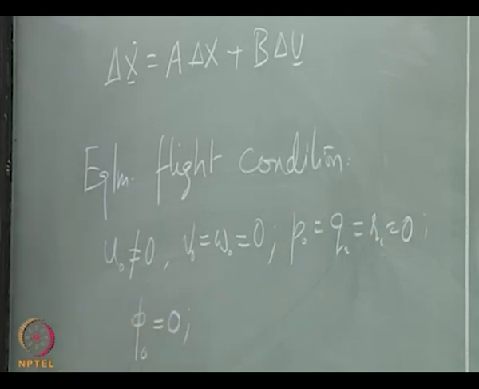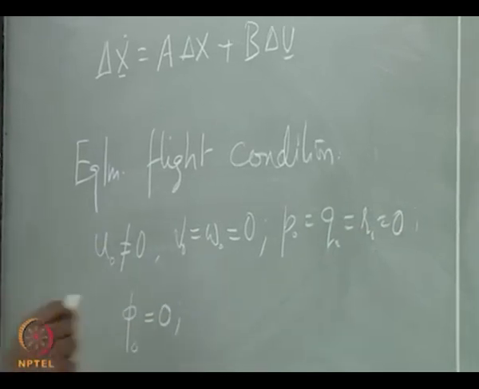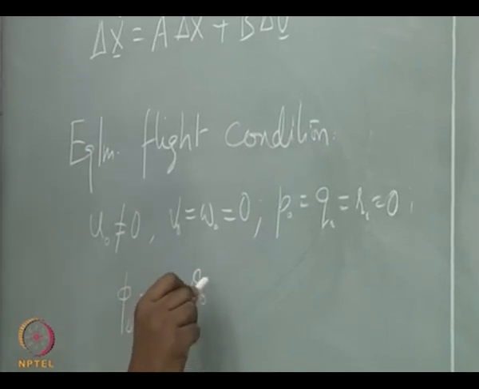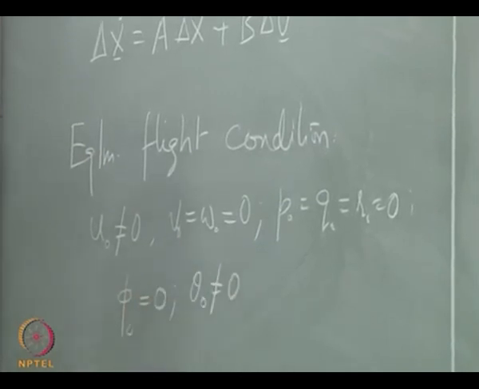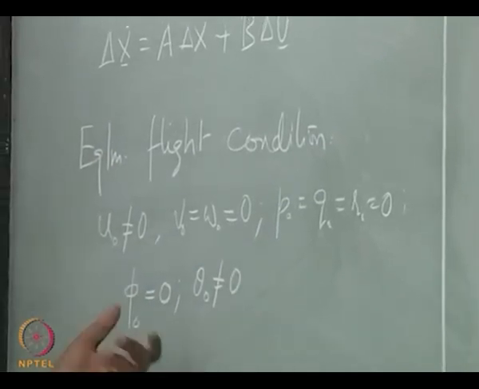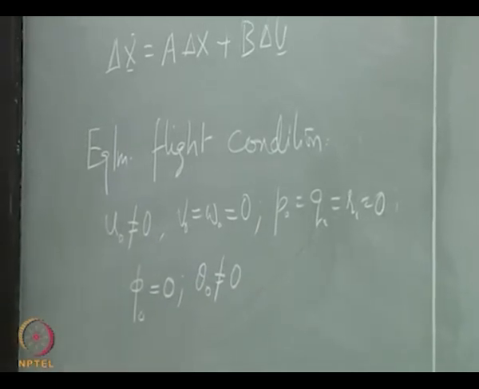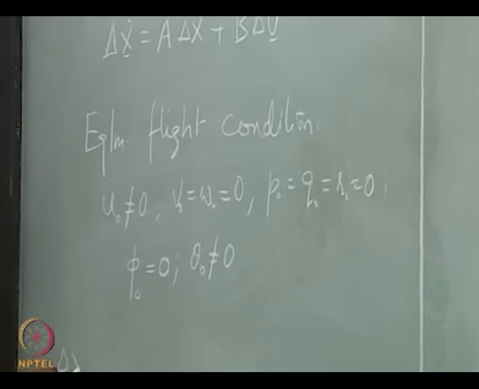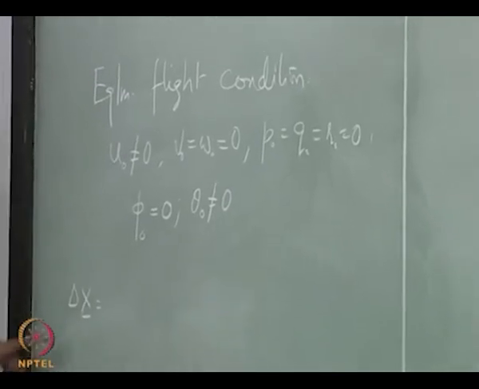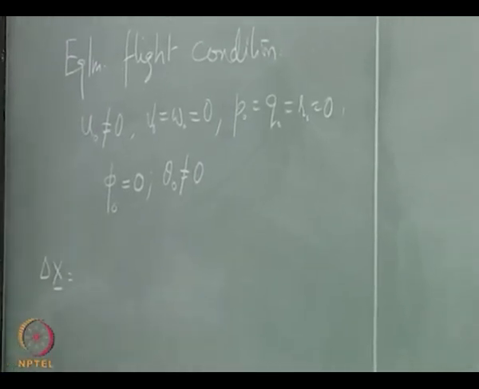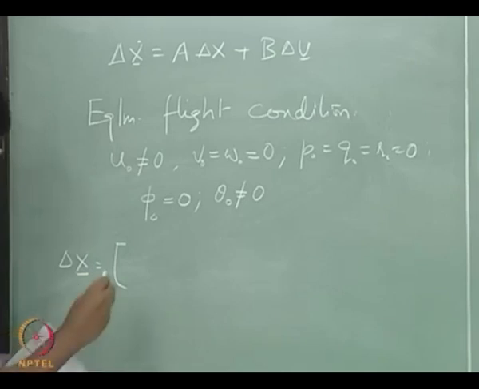Bank angle is 0 and pitch angle is non-zero, and the variables are these. So delta represents the perturbation from the actual aircraft variables.